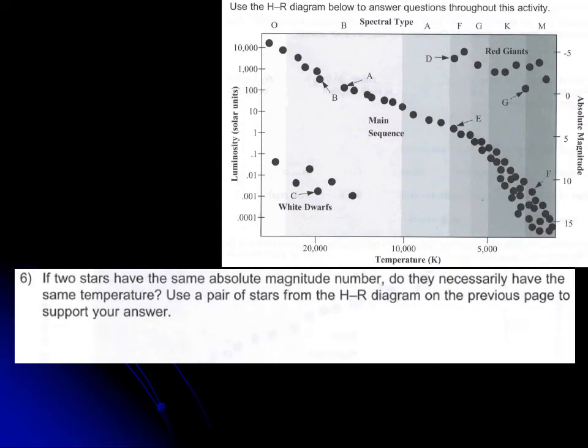Question 6. If two stars have the same absolute magnitude, do they have the same temperature? Well, we can see here that C and F have the same absolute magnitude, but F is extremely cold compared to C, which is much hotter, of the order of 20,000 Kelvin.